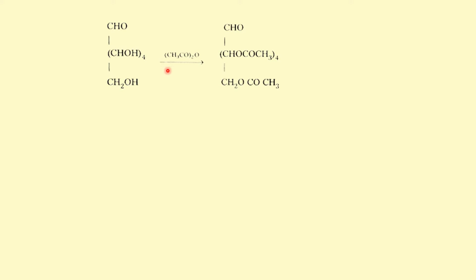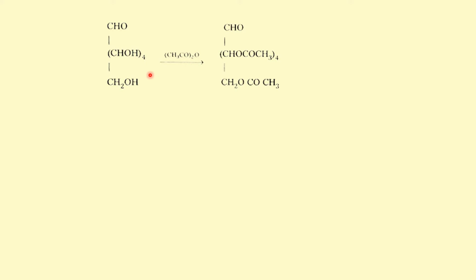Now, glucose, when treated with acetic anhydride, forms a pentaacetate derivative. Acetic anhydride is an acylating agent. For compounds having an OH group or amino group, when treated with acetic anhydride or acid chloride, the hydrogen atom is replaced by the acetyl group, that is the CH3CO group.